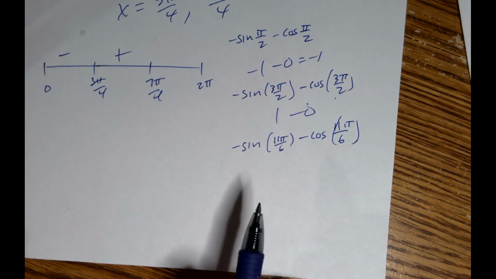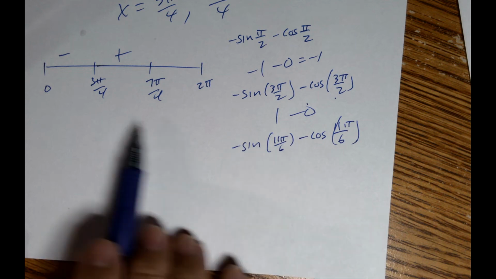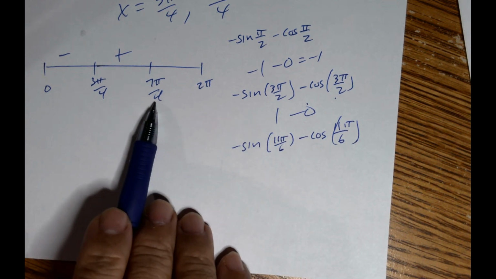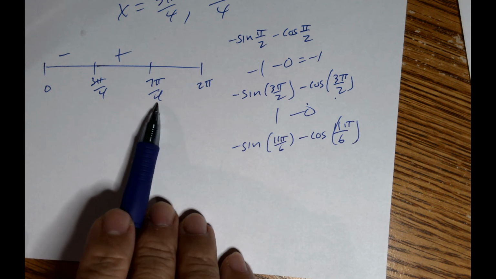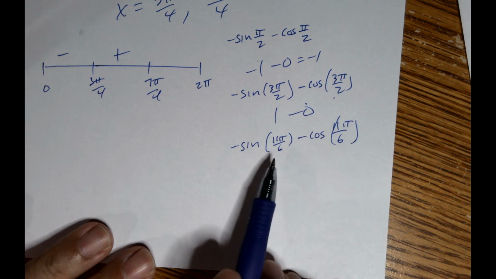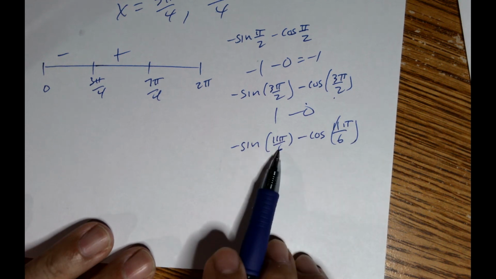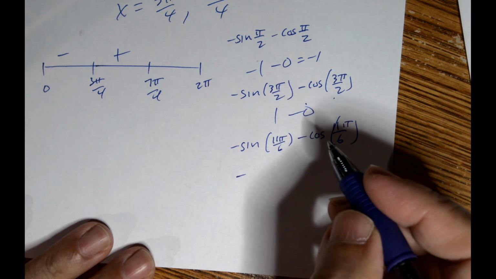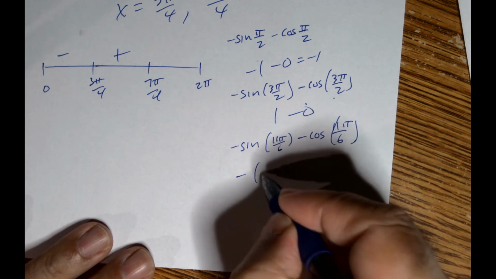Okay. So how did I choose that? I know this is like a 45-degree angle, so it's like 315. So I need something like 330. And in fact, 11 pi over 6 is 330. All right. So what is the sine of 11 pi over 6? Oh, negative 1/2.